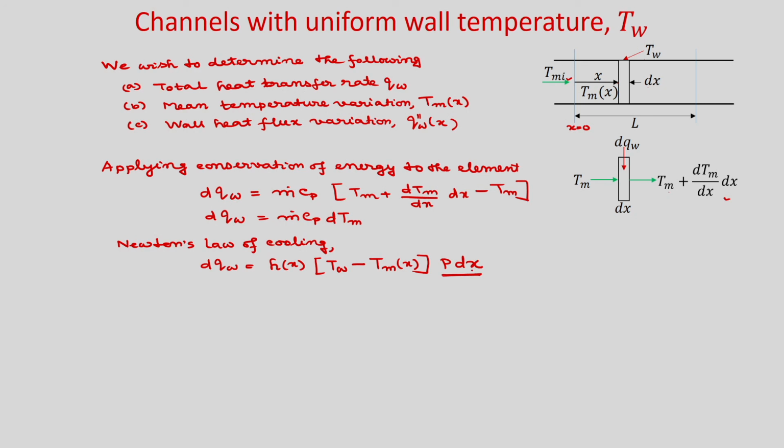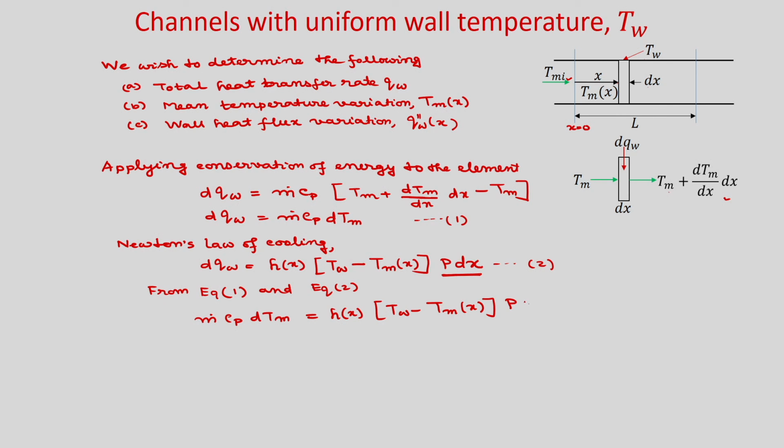Now you can equate both. If this is equation number 1 and this is equation number 2, then from equation 1 and equation 2 you can write m dot Cp dT m is equal to h, which is a function of x, T w minus T m into P into dx.